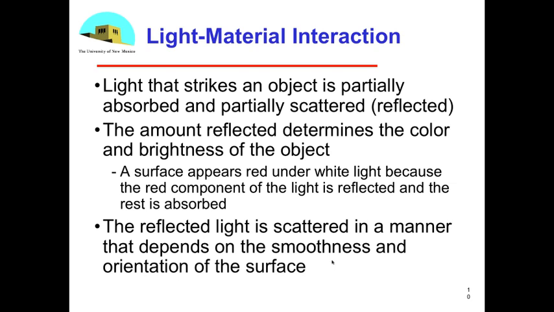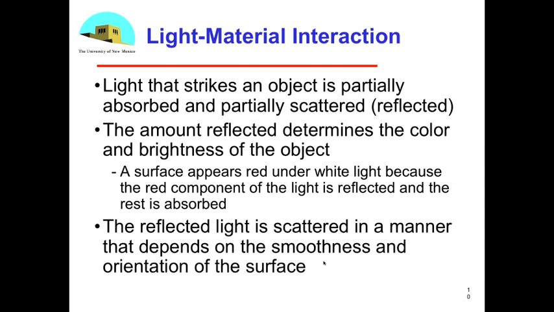You could have something like a black mirror that absorbs most of the light, but the part that it reflects is still reflected as if it were a mirror, because it was a smooth surface that absorbed a very high percentage of the incoming light.